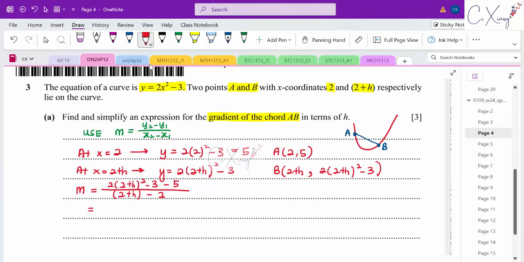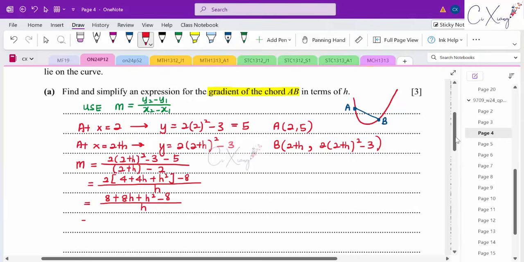Okay, then to simplify this particular equation, I think I need to expand it. So I'm having 4 plus 4h plus h squared. Oh, sorry. No 4. Okay, so h squared minus 8 divided by h. Further simplify it, you'll be having 8 plus 8h plus h squared minus 8 divided by h.